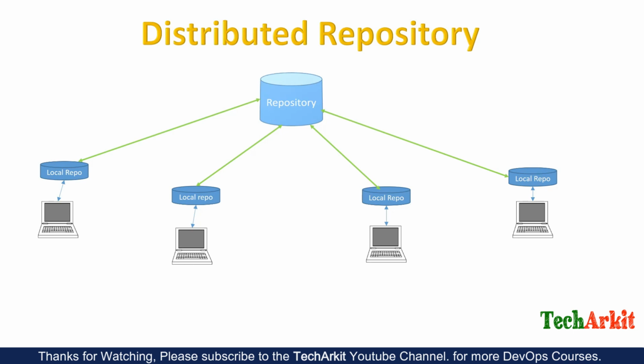For example, SVN is a centralized source control system. But in the latest versions, Git, GitHub, and Mercurial also gained popularity, with flexibility, performance, and a distributed repository mechanism. So that's basically how they wanted to resolve these issues between a central repository and a distributed repository.